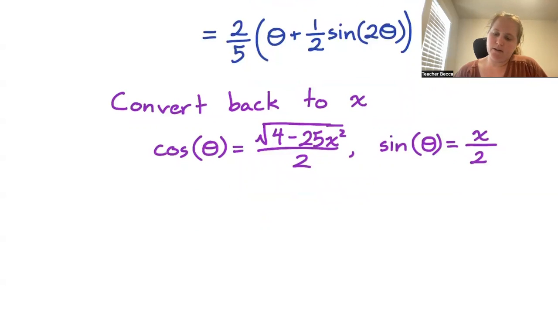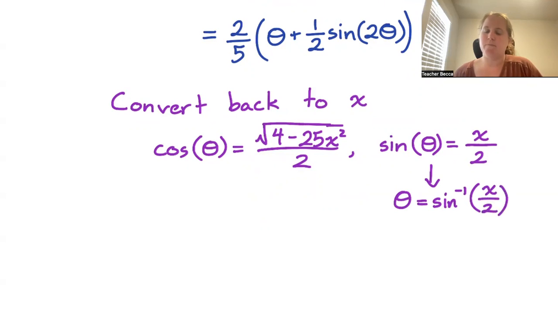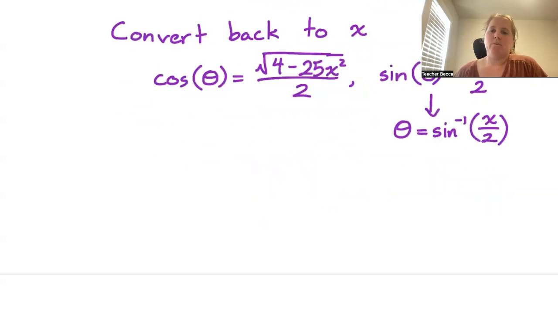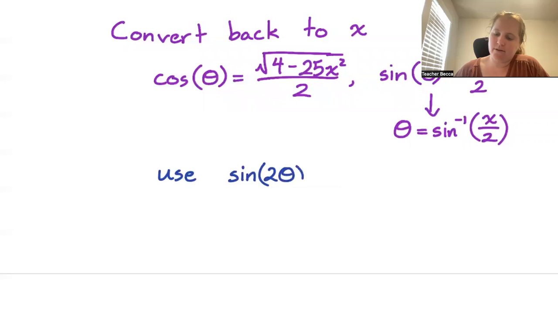Sine of theta being x over 2 means that theta is sine inverse of x over 2. We're going to use a trig identity. So we are going to use the fact that sine of 2 theta is 2 times sine of theta times cosine theta.